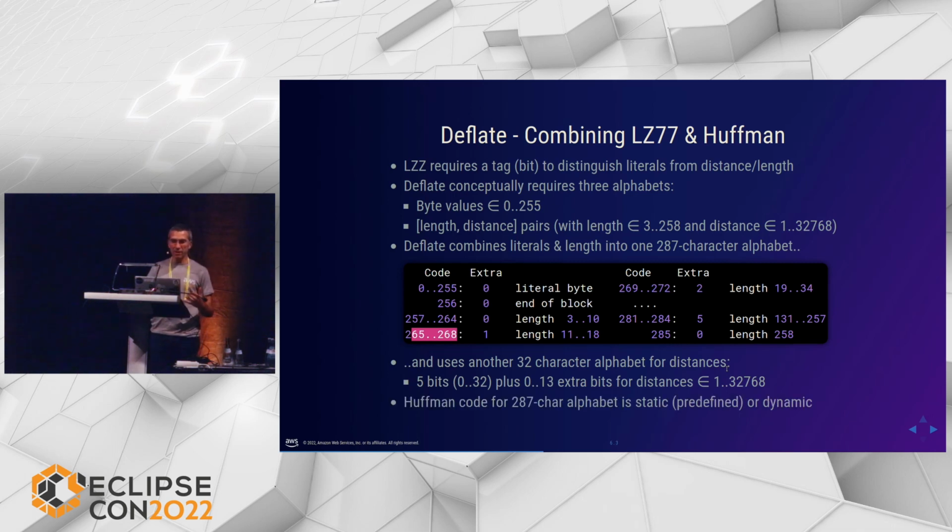And what it does now is it creates a Huffman code of this alphabet with 287 characters, and that results in a very efficient encoding by using LZ77 and Huffman combined.